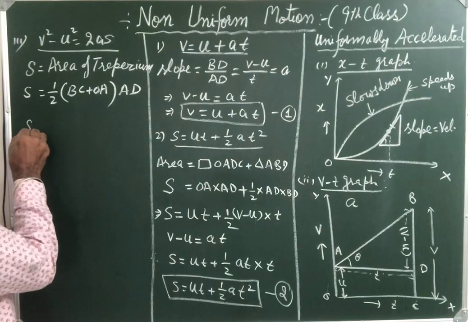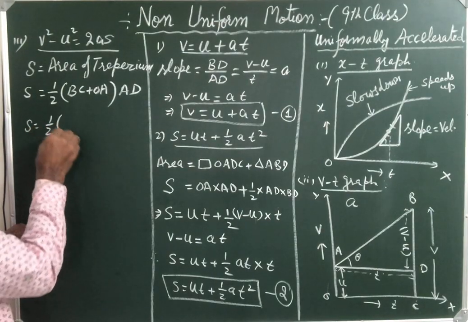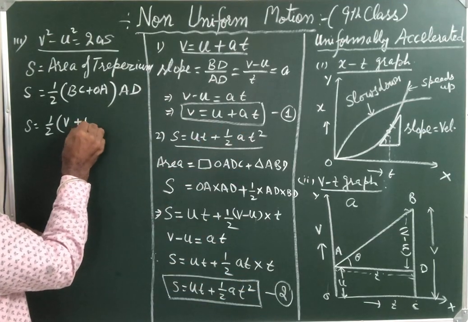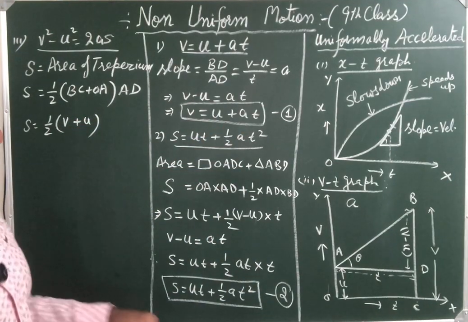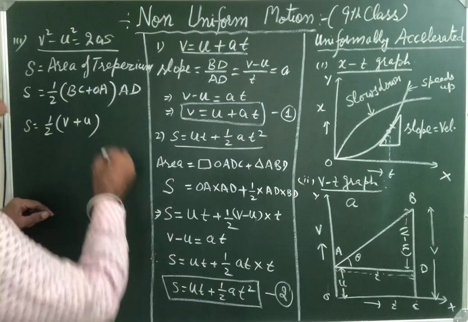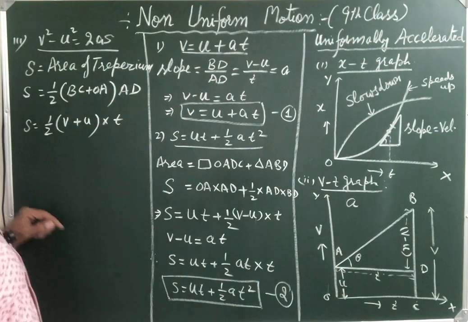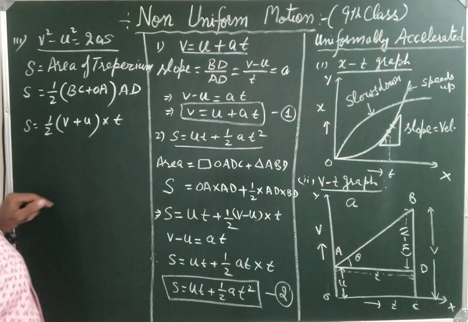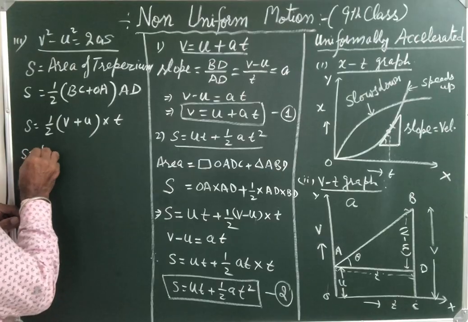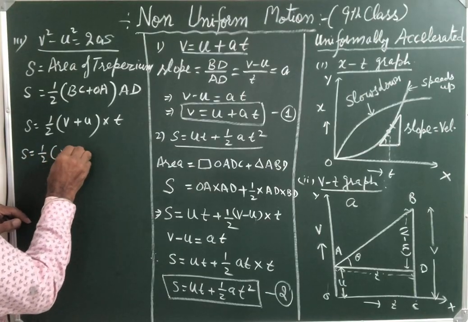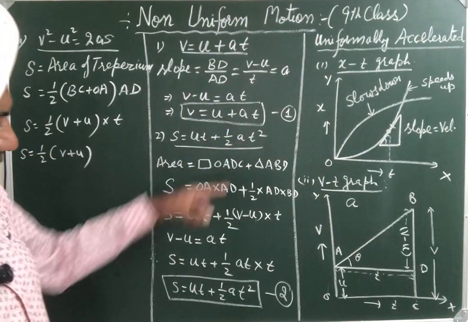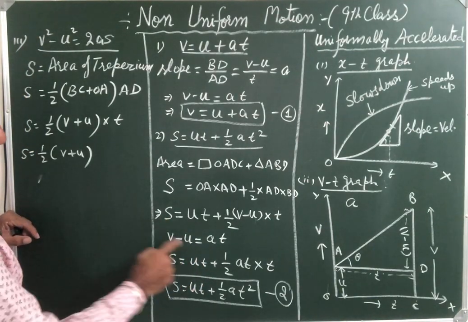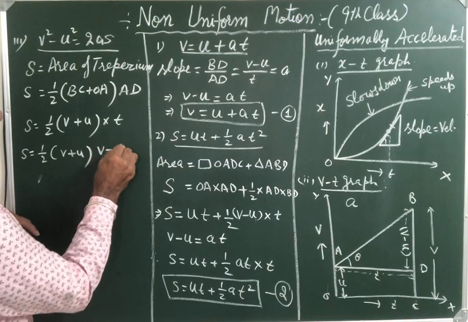So, we have S is equal to half, BC is v final velocity plus OA is u. What is AD? AD is t. Again, from equation 1, we have to eliminate t here. So, we have S equal to half v plus u into t, and from this equation t is equal to v minus u upon a.